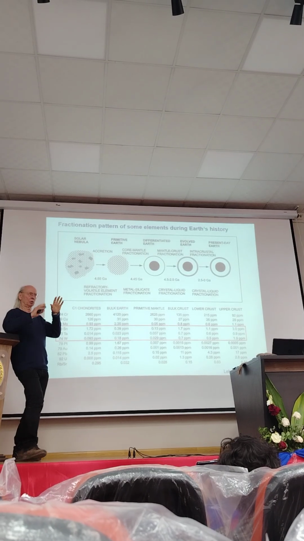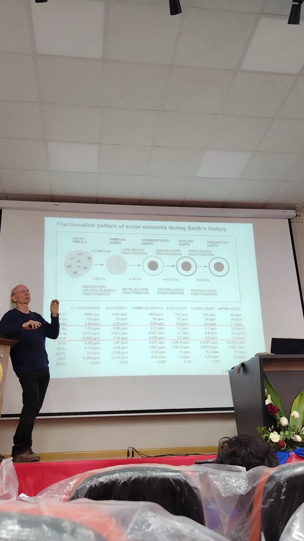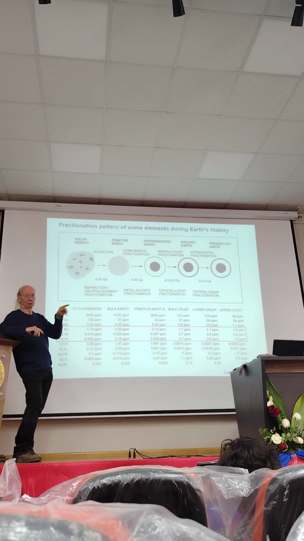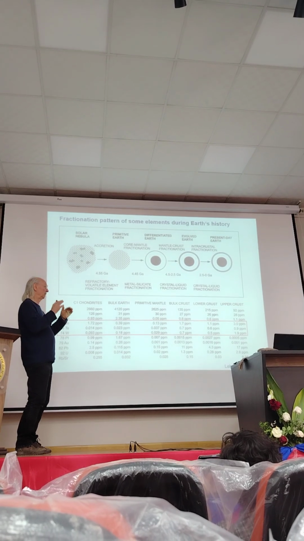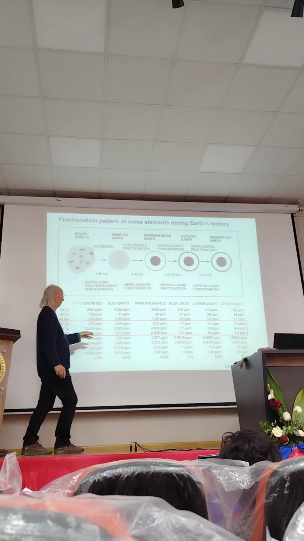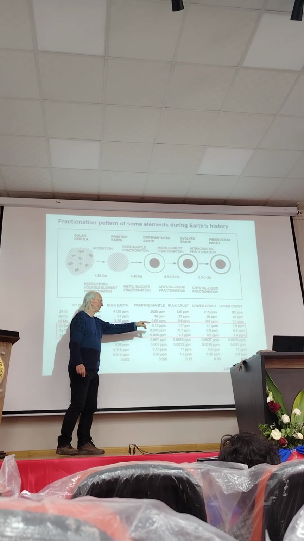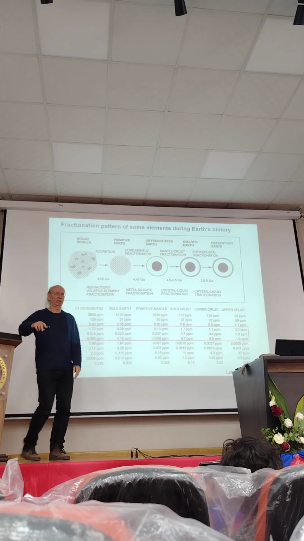During this core-mantle fractionation, the larger part of tin goes into the core, and only a smaller part is left for the silicate material. So we have in the primitive mantle about 130 ppb tin.